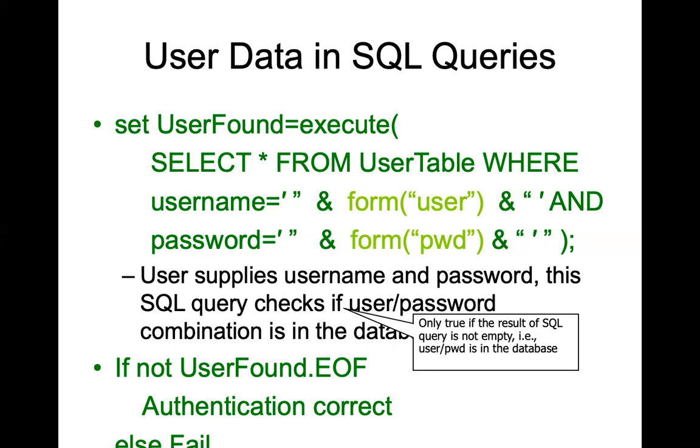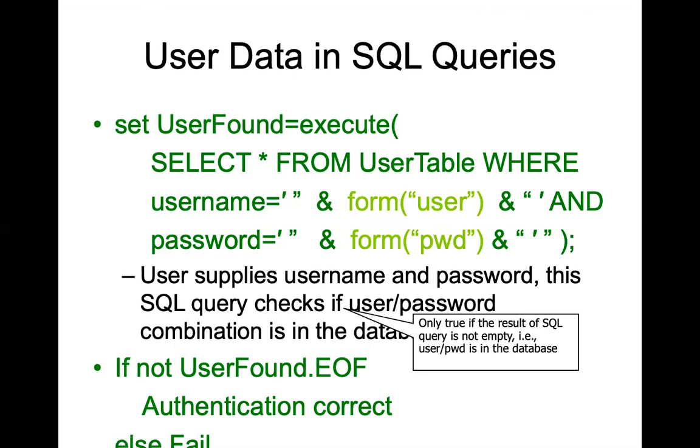Okay. So they're saying, select star from the user table, which is the name of the table stored in the database, where username is, within quotes, whatever is obtained from the web page, and the password is something obtained from the web page, within these quotes.